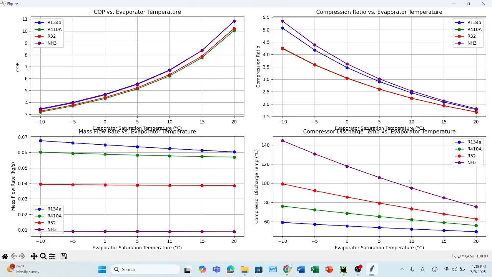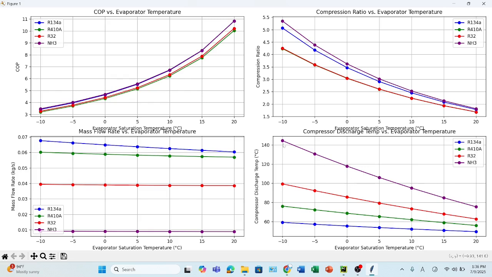The fourth plot is our evaporator saturation temperature with the compressor discharge temperature. The compressor discharge temperature is also one of the very key parameters when we analyze the vapor compression cycle, because we don't need higher discharge temperatures.